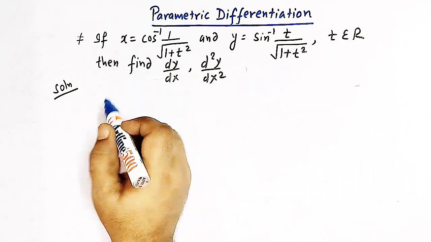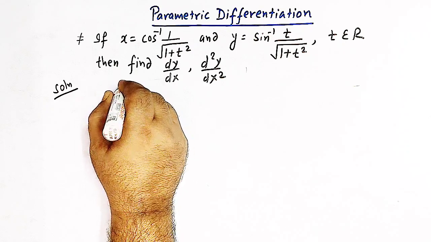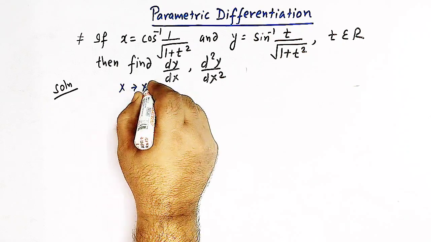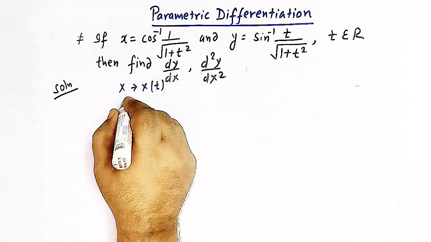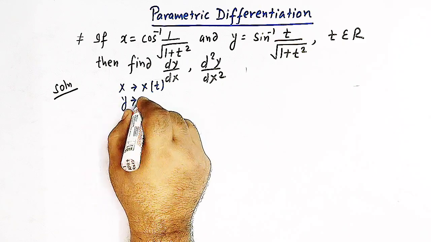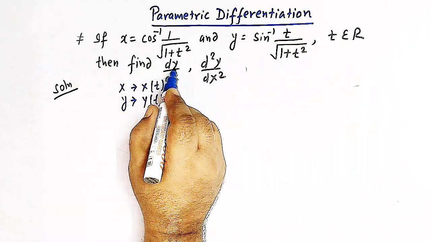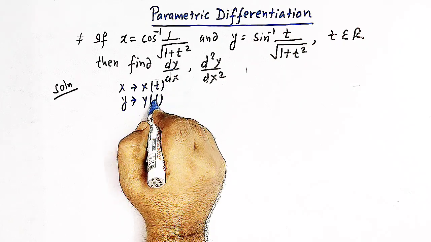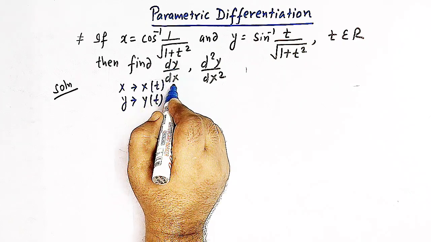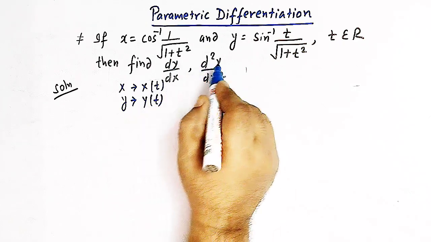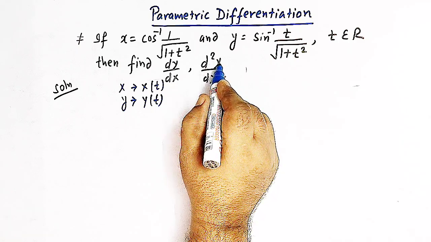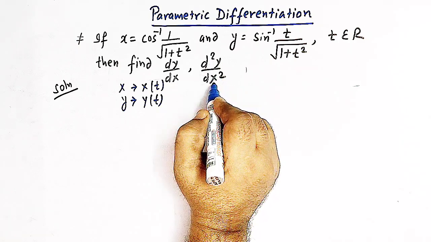Here x is a function of t and y is also a function of t, and we have to find dy over dx, the derivative of y with respect to x, and the second derivative of y with respect to x.